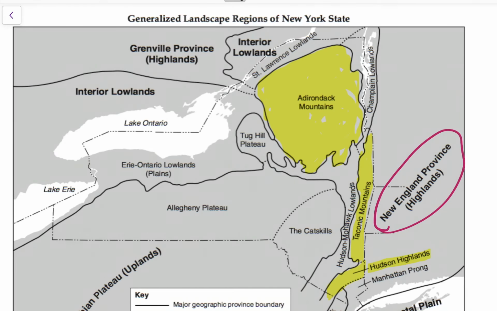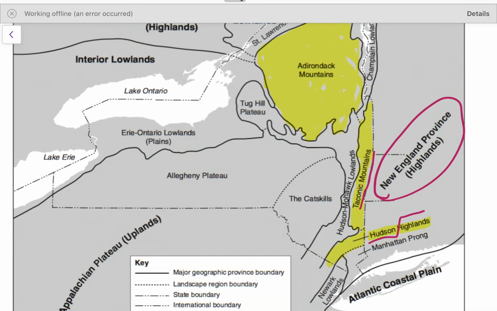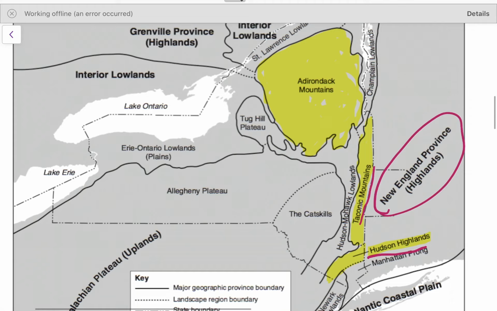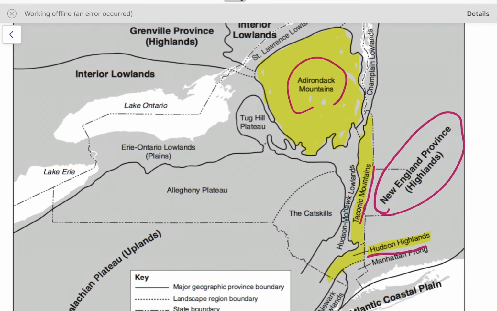So in terms of the mountains, a more general name for the mountain area is the New England Province. And then within the New England Province, you might say there is the Taconic Mountains or the Hudson Highlands. Now, there is a more general name for the area of the Adirondack Mountains.